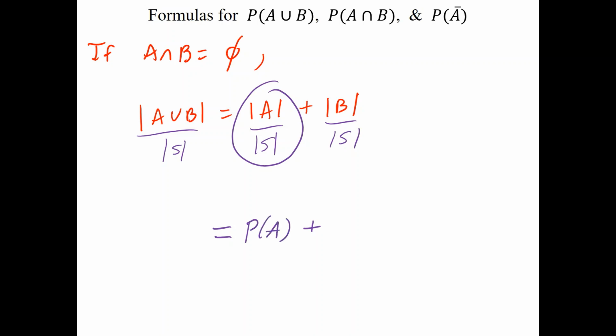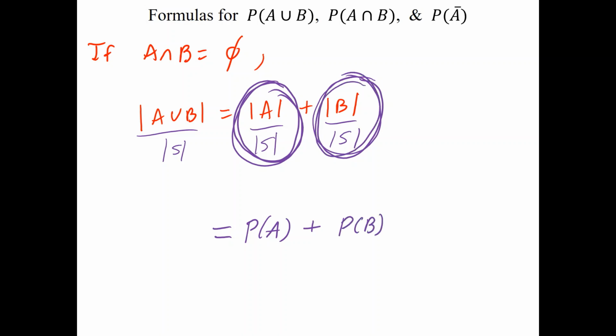Probability of A would have been absolute value of A over absolute value of S. Can you tell me what this would be? Think about it for a couple seconds. You're going to realize that's the probability of B. Again, that's the formula we had for the probability of B, absolute value of B over absolute value of S. Now, can you figure out what this is? Notice it has absolute value of S in the bottom. What's the answer to this?